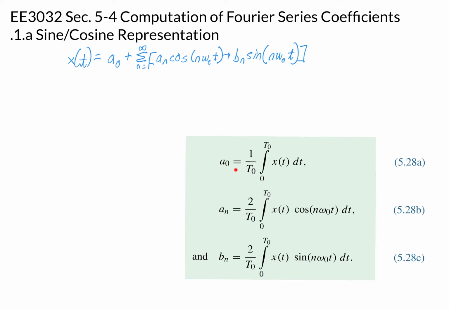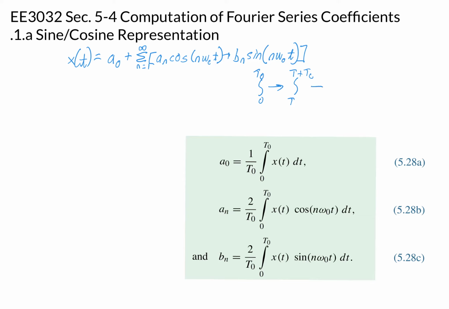We see the DC term A0 is handled a little bit differently. In all cases, we do an integral over one period, and I will note here that instead of writing integral from 0 to t0, this will work for any period. So you could have any starting value t, and if you integrate over a period that is t0 wide, you will get the same result.